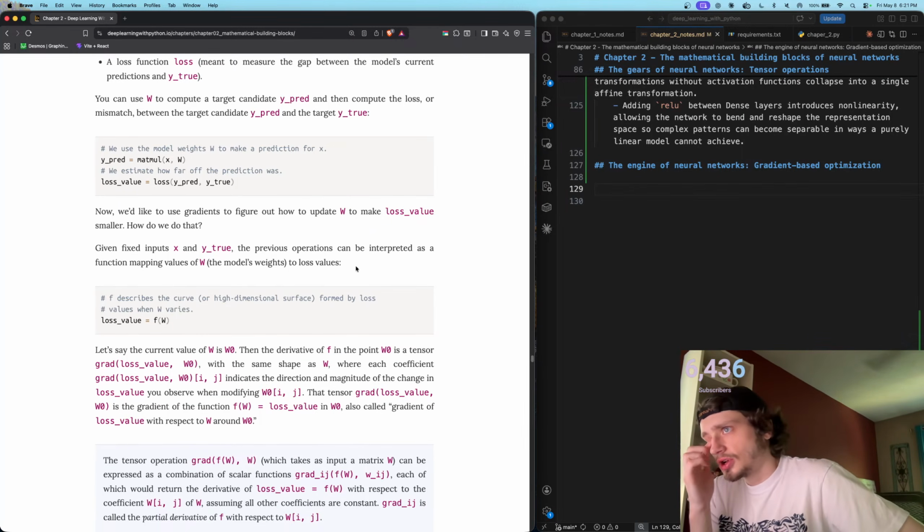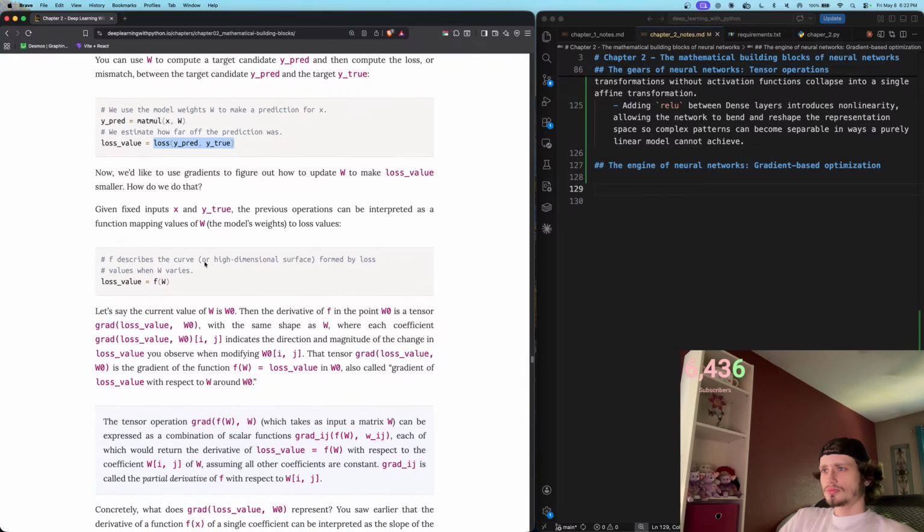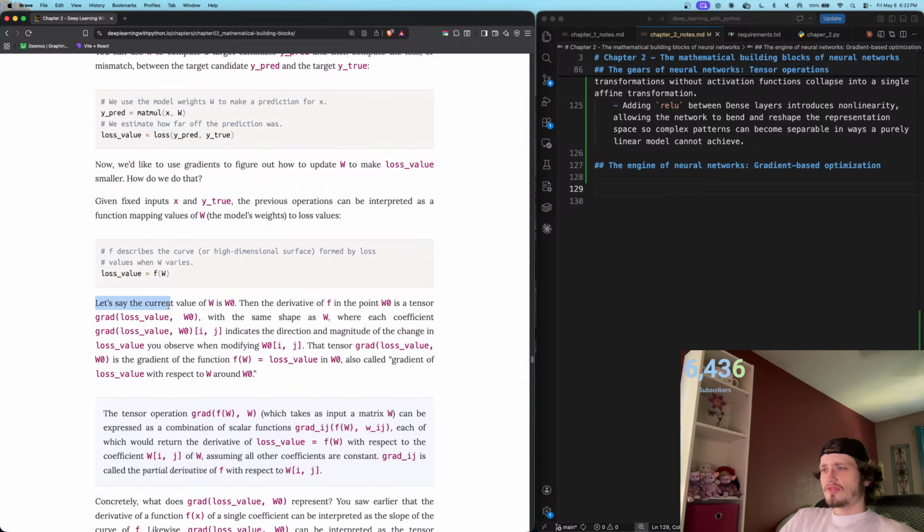Okay, so if loss value, you're saying that f of big W equals to this, basically. Let's say the current value of big W is W0.